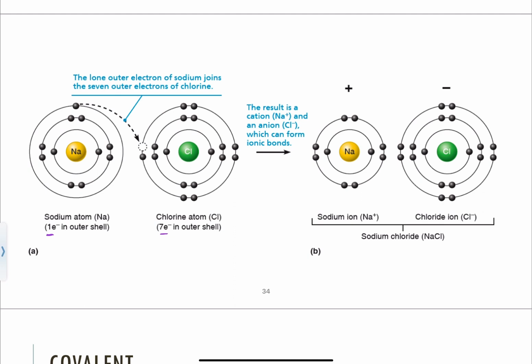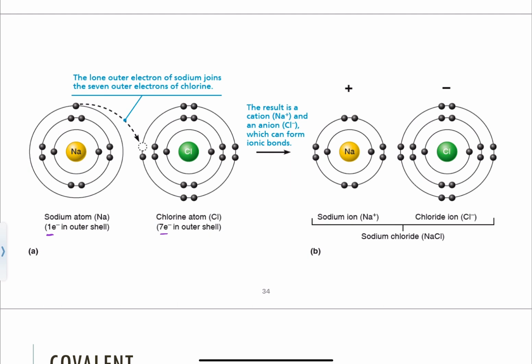If we look at sodium that has 1 lone electron out in its valence shell and chlorine that has 7 electrons out in the valence shell, it's going to be much easier for sodium to give 1 electron than it would be to gain 7 electrons in order to fulfill its 8, or its octet rule, in that valence shell. So that's exactly what sodium does.